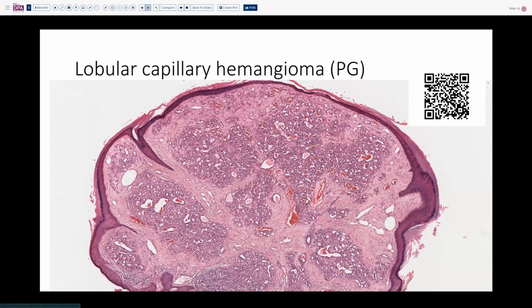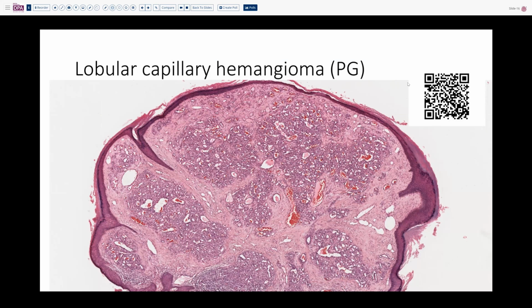This is a lesion which will have a variable amount of overlying epithelium. In some cases, it can be devoid of epithelium, which is kind of how it got the pseudonym pyogenic granuloma. But the lesion does tend to have some predilection for women and may be related to the hormonal cycling in women.